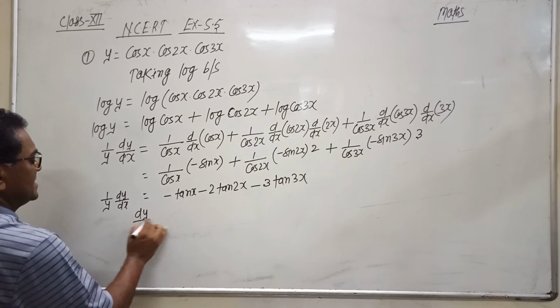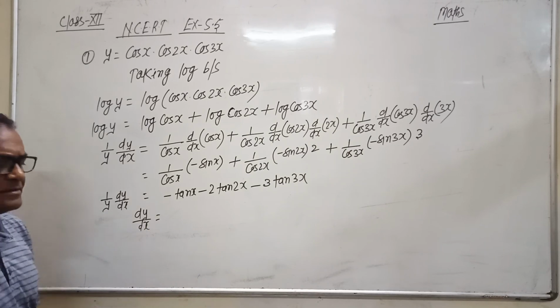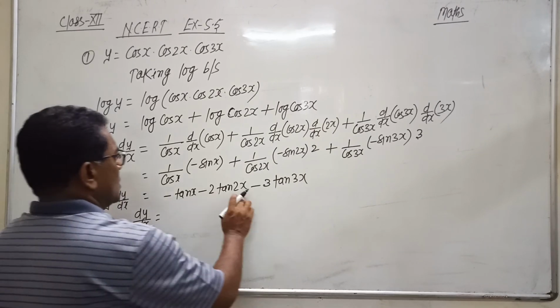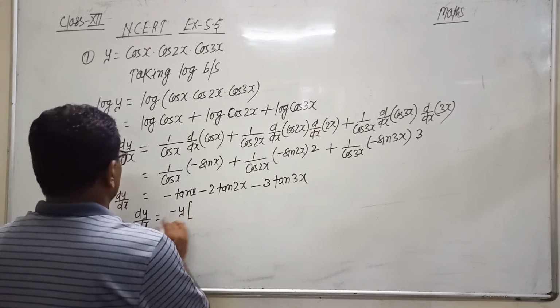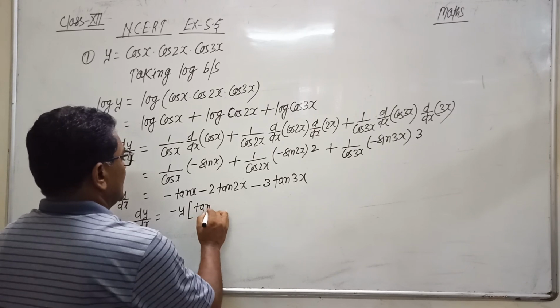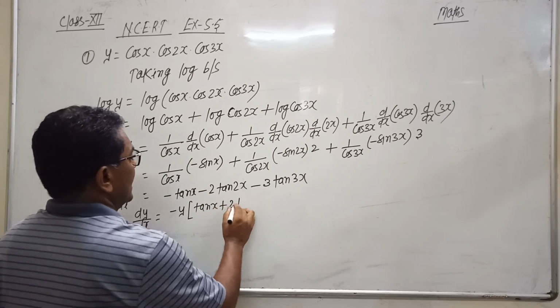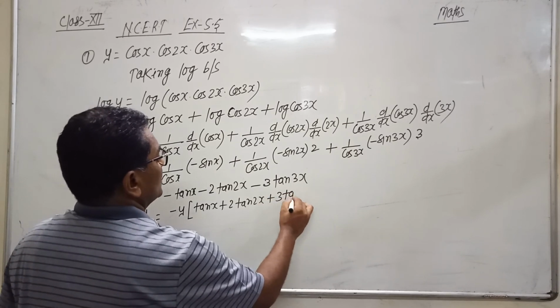So dy by dx becomes, y goes to the right side, and minus is taken common from all these terms, giving tan x plus 2 tan 2x plus 3 tan 3x.